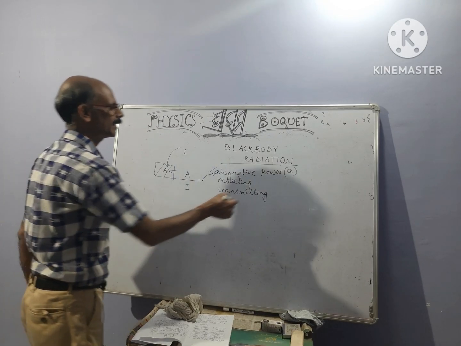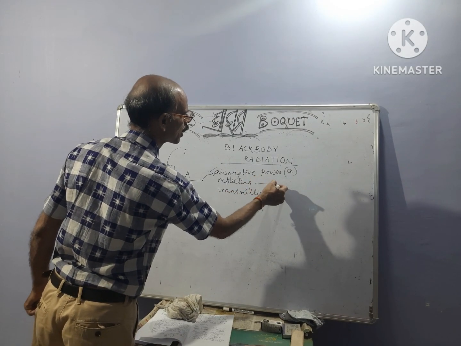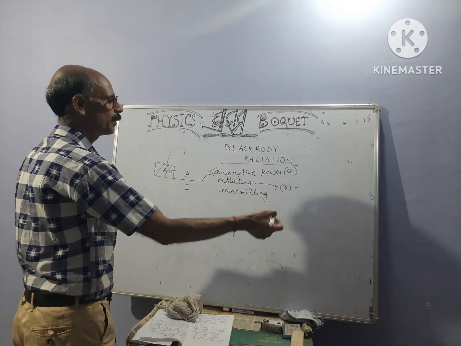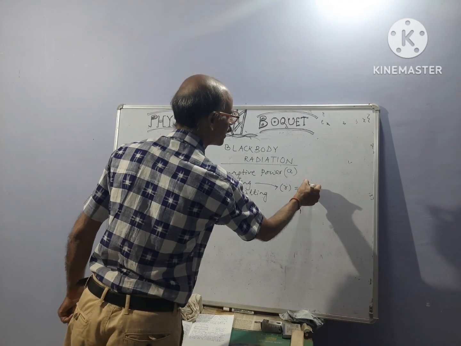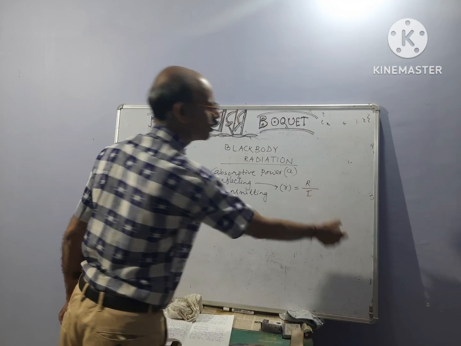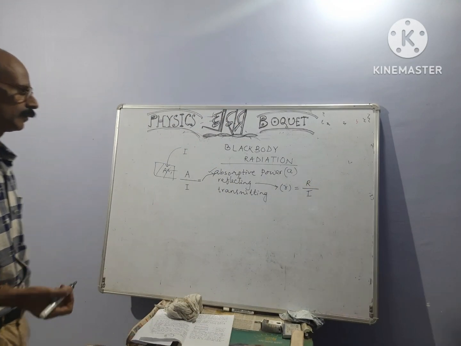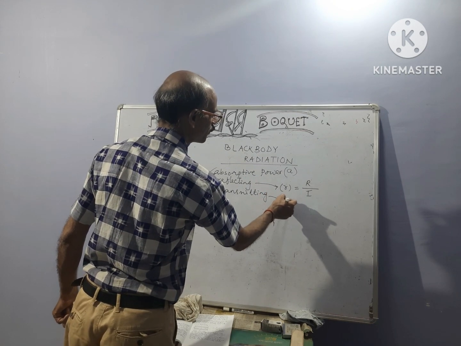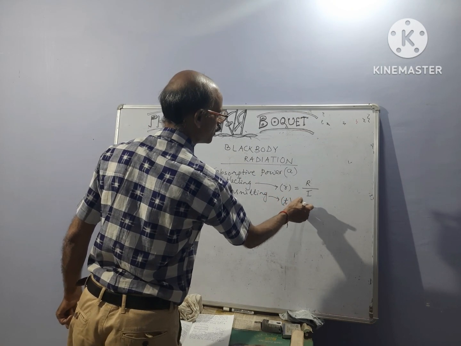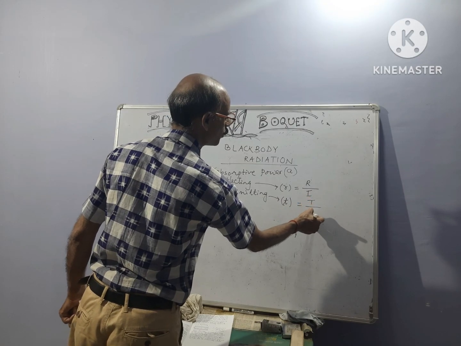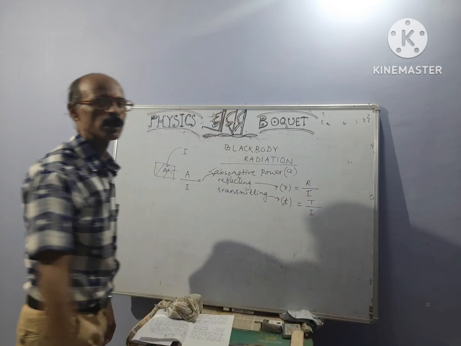Similarly, reflecting power is denoted by R. Reflecting power is energy reflected divided by energy incident. And transmitting power is denoted by the letter T. It is equal to the amount of energy transmitted divided by the amount of energy incident.